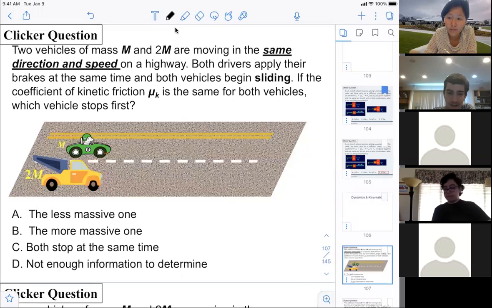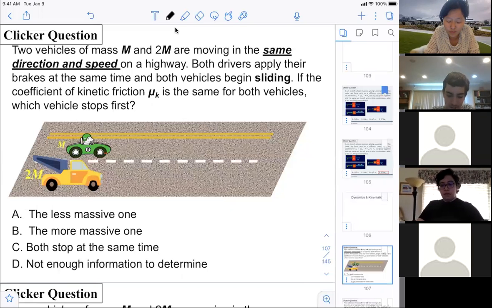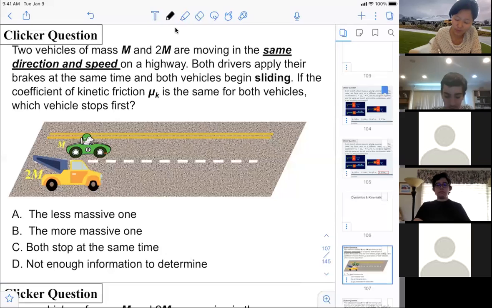So then I selected both stop at the same time because after thinking about that, I set up the physics equations and I got F of M, which is just the smaller mass, is equal to MA minus mu_k N of M. I don't know if that's right. So then for the next one, I did F of 2M and it's 2 times MA minus 2 times mu_k times the normal force, because the normal force is twice as much, since it's twice the mass.